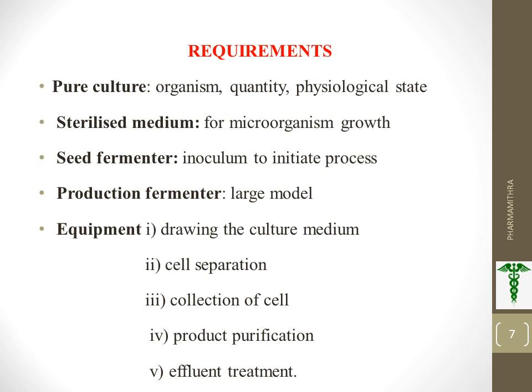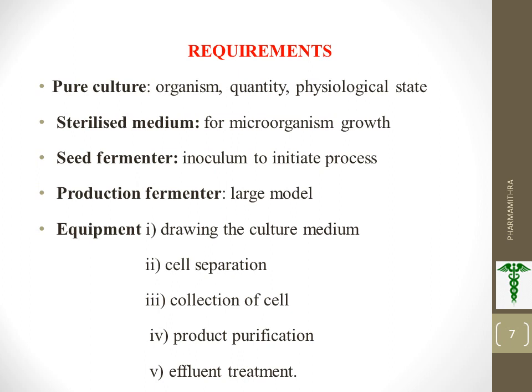And the production fermenter comes, which has a large model. In the equipment, first we have to draw the culture medium into the fermenter. After that, we want to separate the cells obtained. For that, we can use the biomass fermentation process. With the help of centrifuges, we can separate the cells. Then we have to collect the cells.